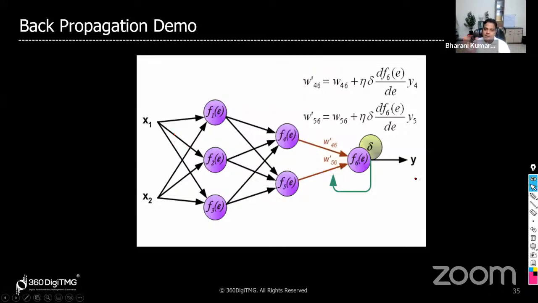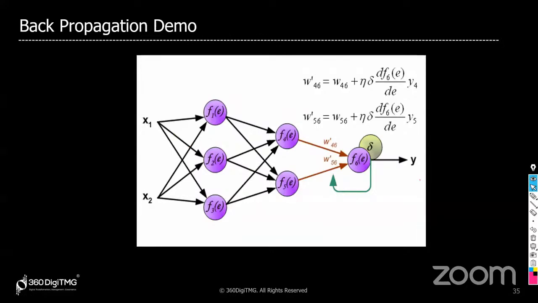Okay, and ultimately, once the back propagation is complete, your algorithm will stop. You might say that stop the algorithm after 10 iterations, or stop the algorithm after 20 iterations. You give some number. Or you might say that if the error reaches 1%, stop.